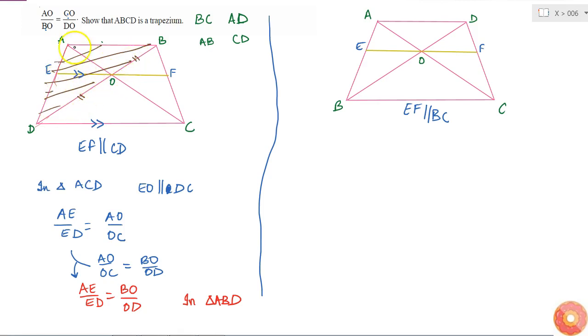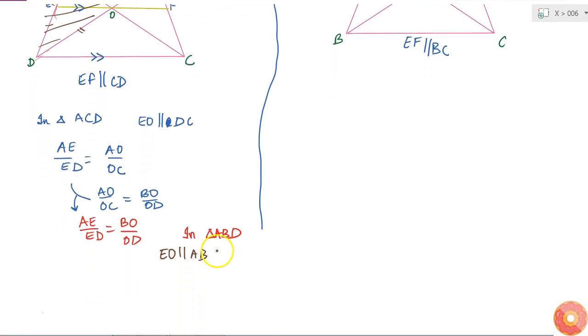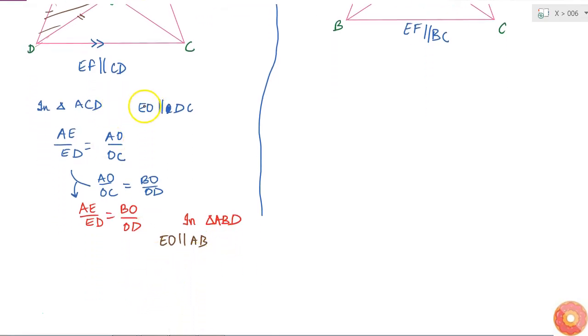That means this line should be parallel to this line, right? So EO is parallel to DC and EO is parallel to AB. This means that AB is parallel to DC. Okay, so these two sides are parallel.